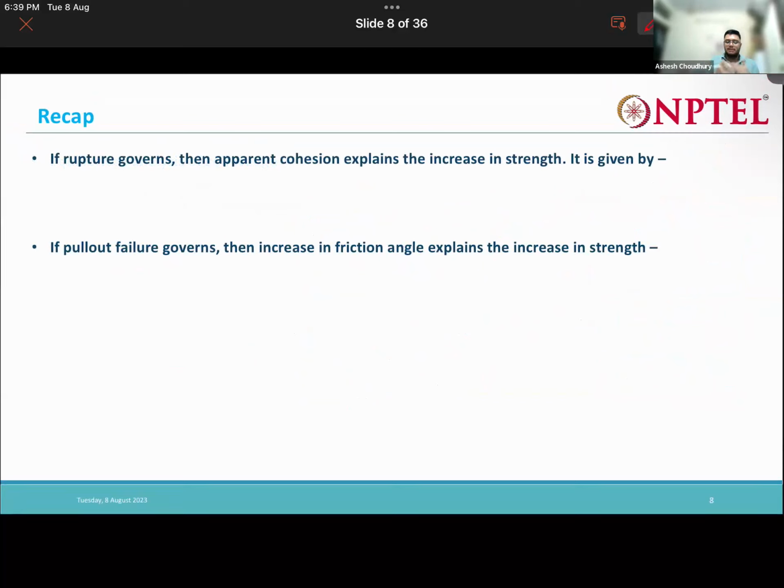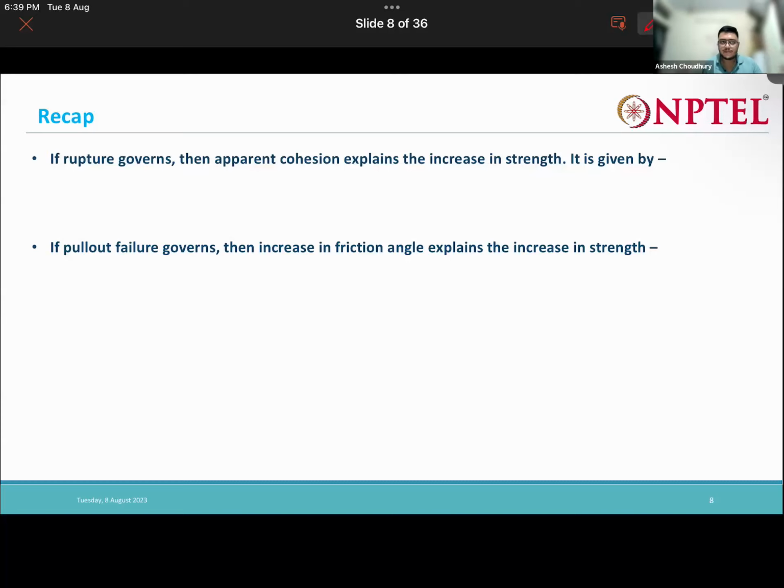Now if rupture governs, okay, if the rupture happens in the geosynthetic material, in that case where the probable failure mode is rupture, understand this thing, when the probable failure mode of the reinforced soil is due to rupture of the geosynthetic material, in those cases the increase in strength of the reinforced soil is explained by the apparent cohesion.